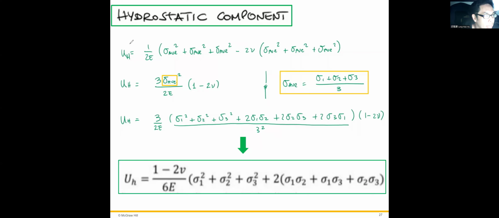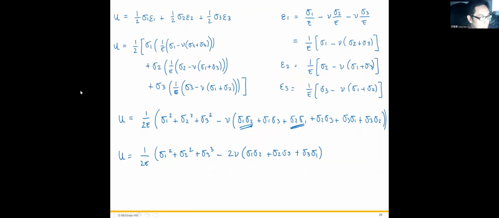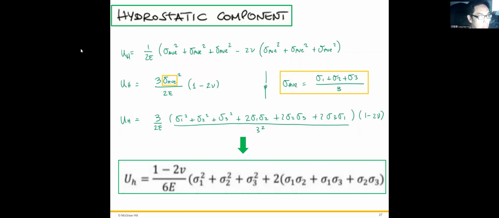Then we replace sigma 1, sigma 2, and sigma 3 with the average stress, where the average stress equals sigma 1 plus sigma 2 plus sigma 3 divided by 3.